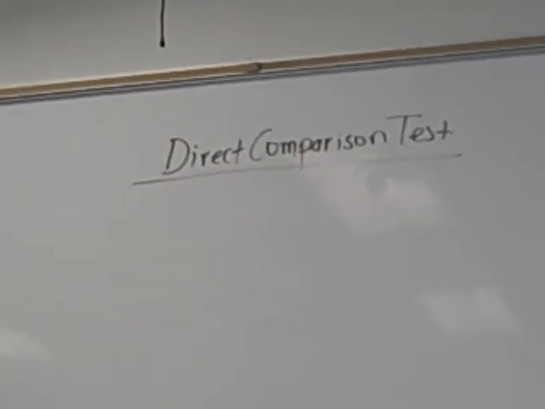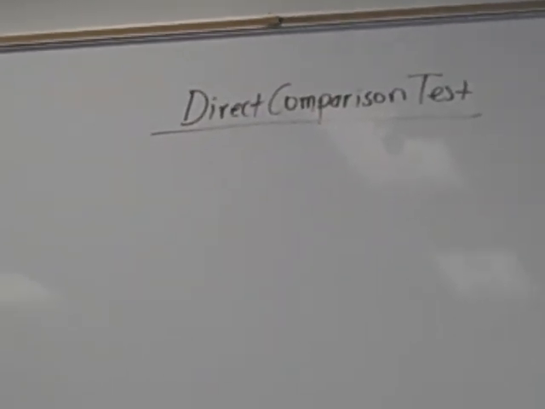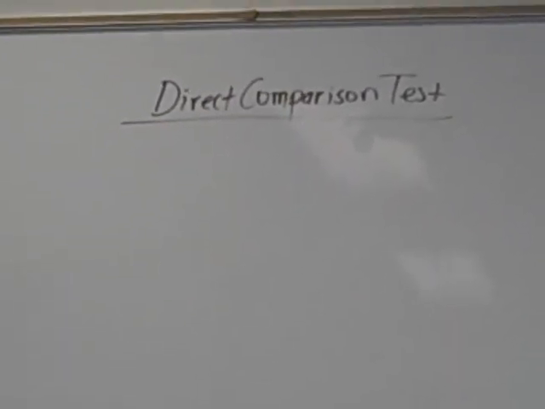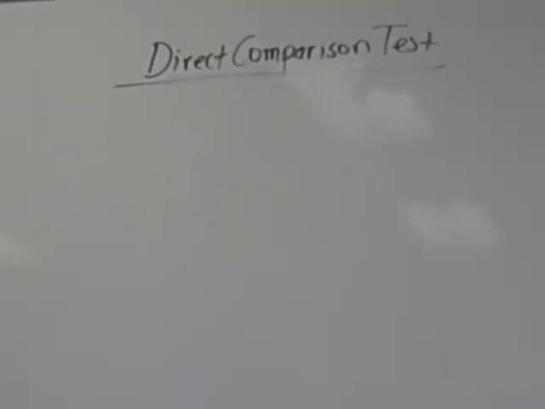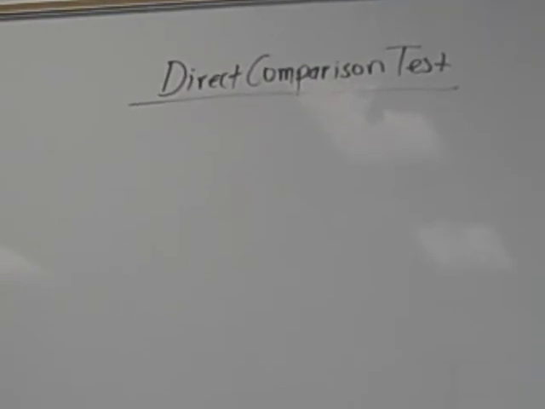There is none. Okay. The direct comparison test basically says this. I'm going to say it in normal words because it's going to make a lot more sense, instead of writing it all up fancy. Let me see if I can put this in good words.